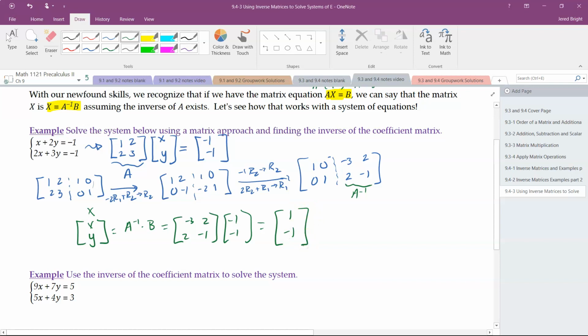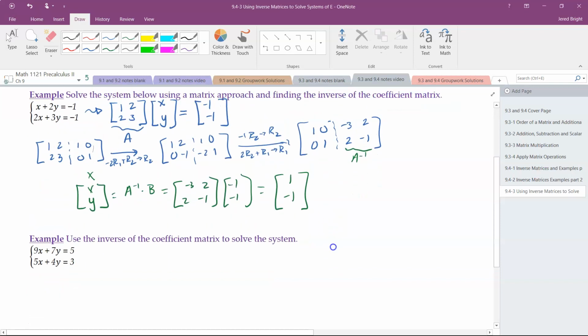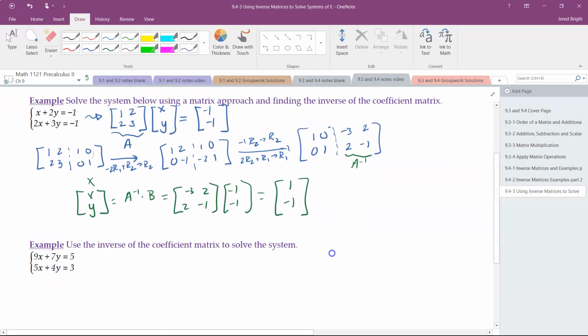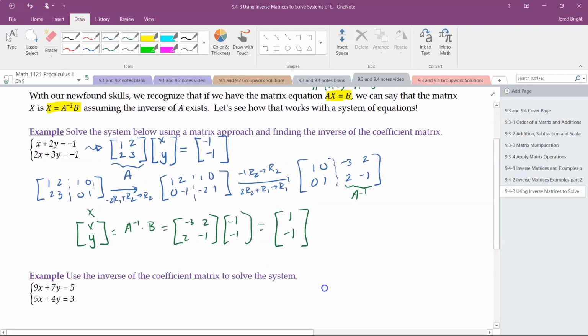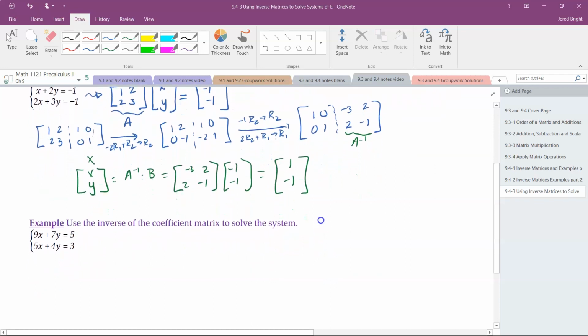We can always check our answers, and it works. So that's a nice way to solve a system instead of using row operations forever, or substitution and elimination. You have this other tool in your toolbox now.